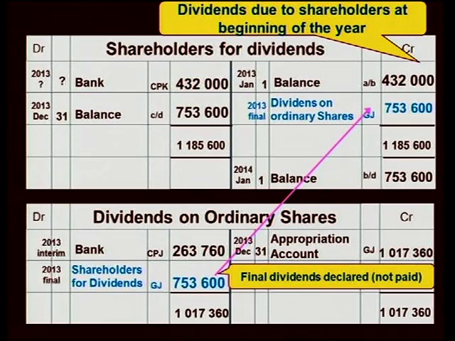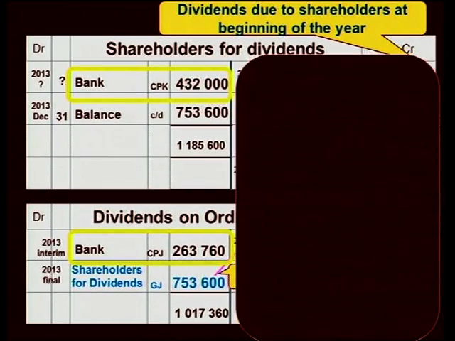Okay, now I need to go and find out, so what was it that I actually paid? Because remember now, I'm not talking about income and expenses for a cash flow statement. I'm talking about the flow of cash. Well, there is an amount with a bank next to it, and I've got another amount there with a bank next to it, and that would have been the cash outflow in terms of dividends.